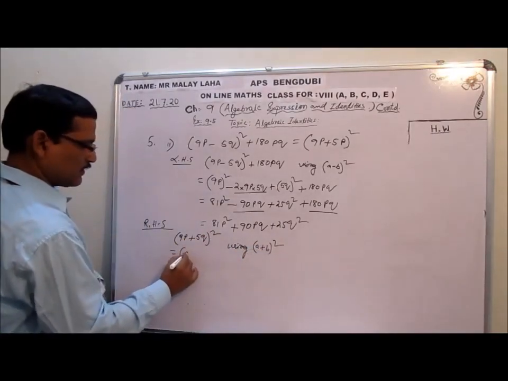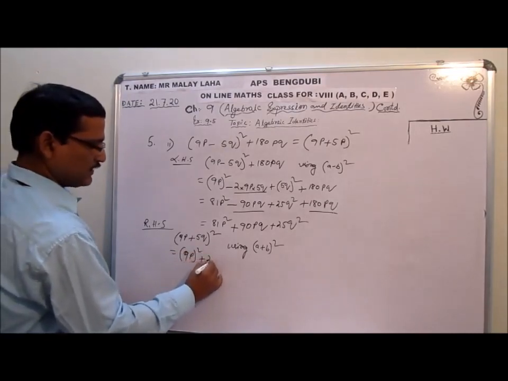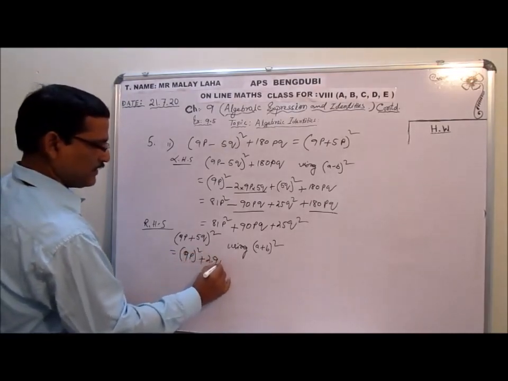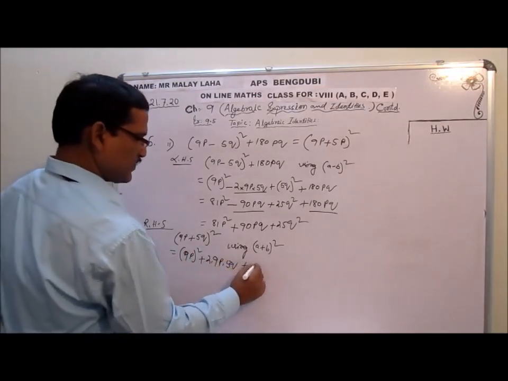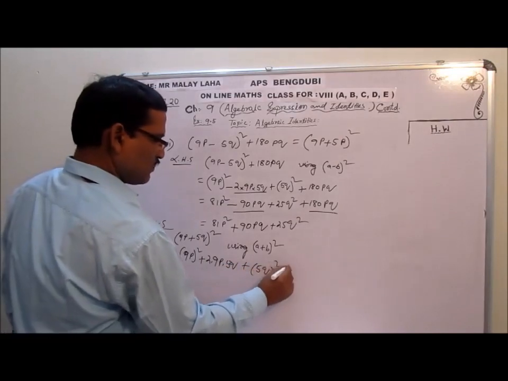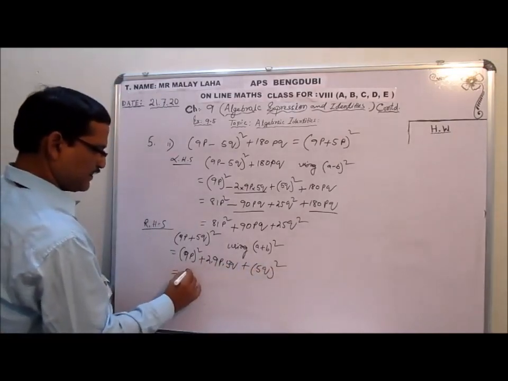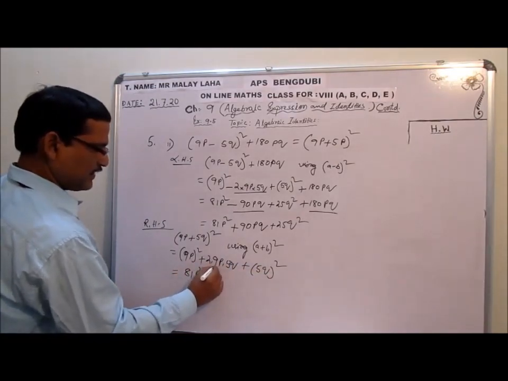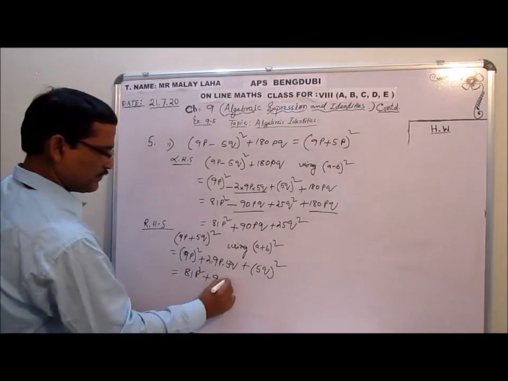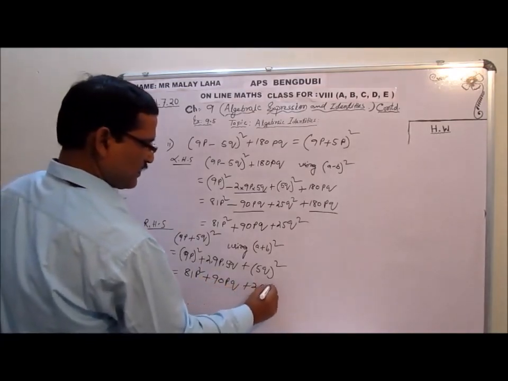So a square, (9p) whole square, plus twice a means 9p, b means 5q, plus b square means (5q) whole square. Okay, it is coming 81p square plus 90pq plus 25q square.